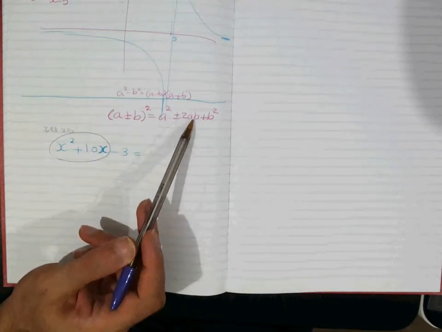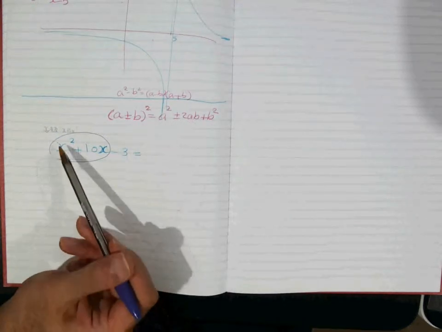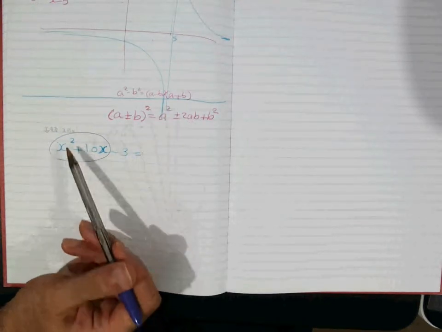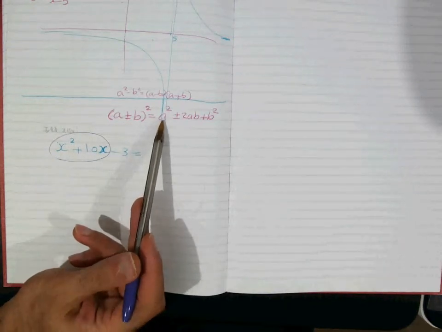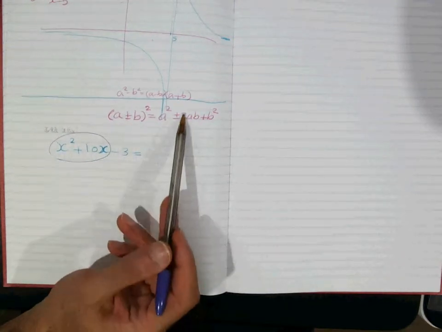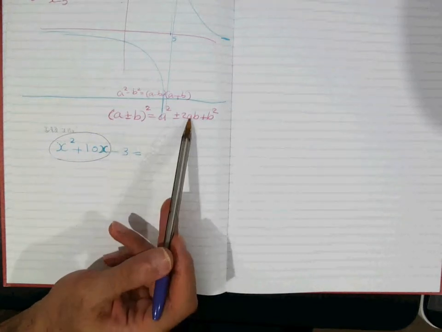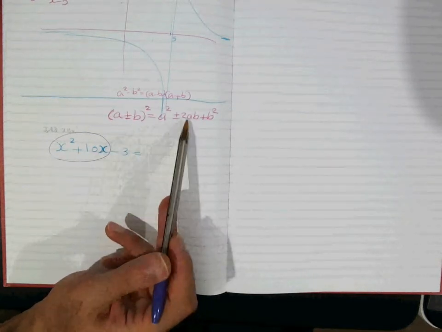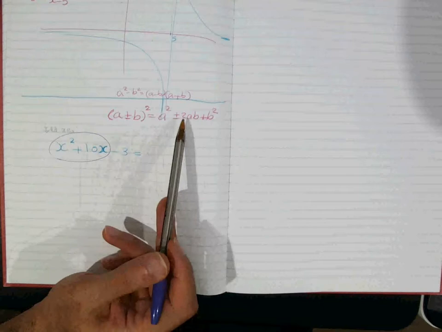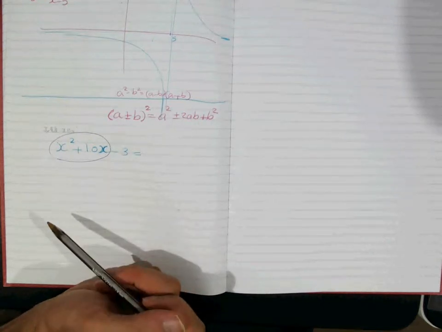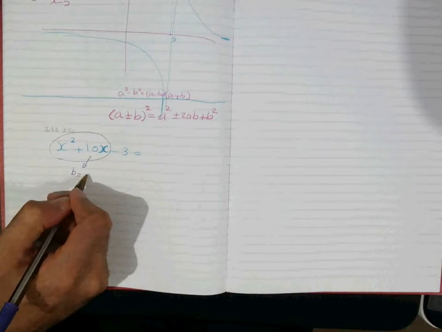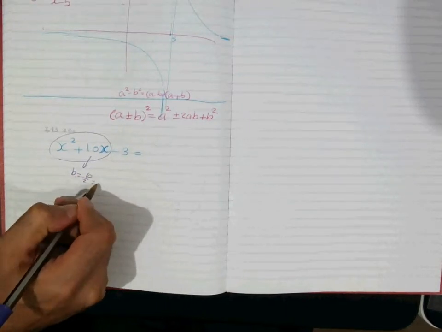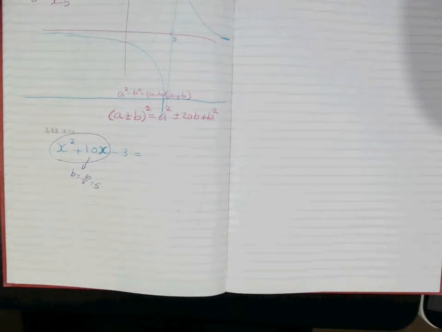If x squared is a squared, what is a? X. So this x is that a. So what is that 10? 2 times b. So basically b is 10 divided by 2, which is 5.